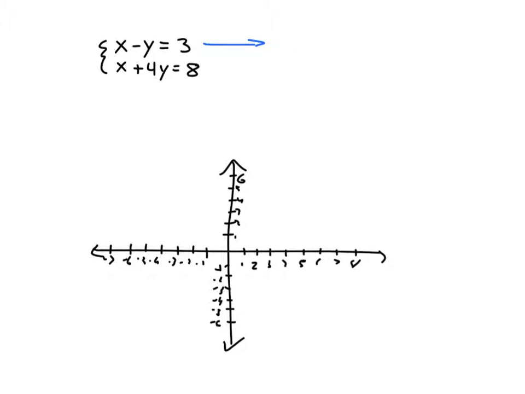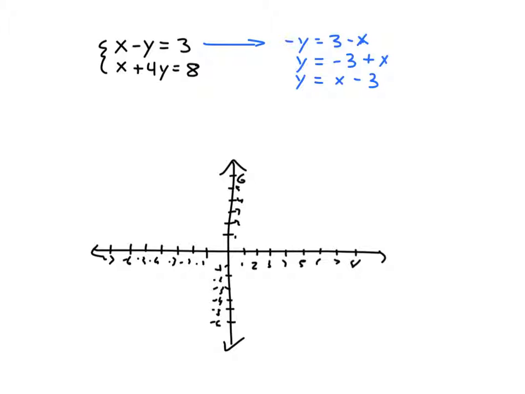To do that, I'm going to bring x to the other side. So I'll have negative y equals 3 minus x. And then I'll get y by itself. So y equals negative 3 plus x. In slope-intercept form, usually you put the x first and the intercept second. So the slope is 1 and the intercept is negative 3.